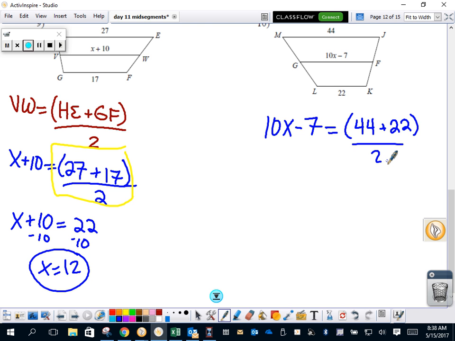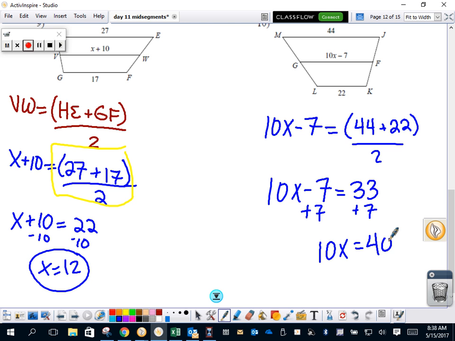All right, what's that chunk on the right? 44 plus 22 divided by 2. 22. Okay, and then you solve your two-step equation. Looks like we add the 7. I'm guessing 33 plus 7 is 40. 4, not 44, so x equals 4.